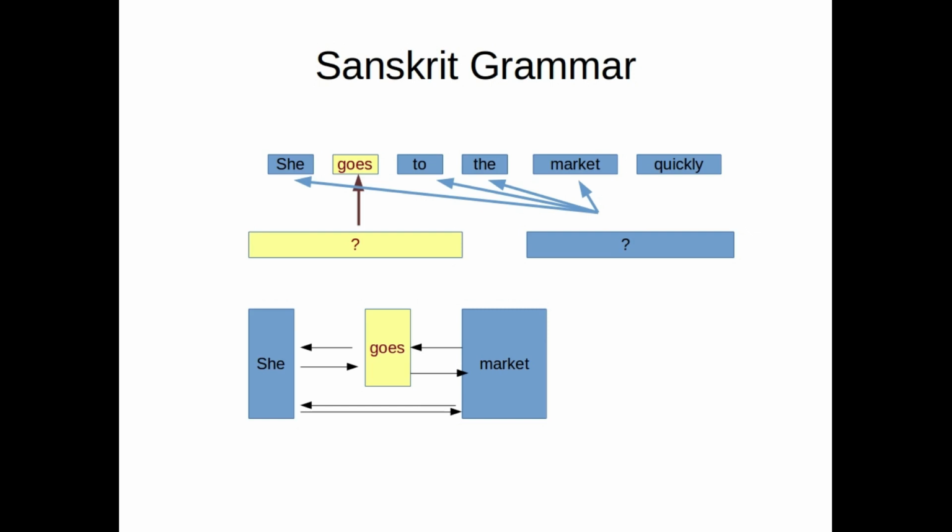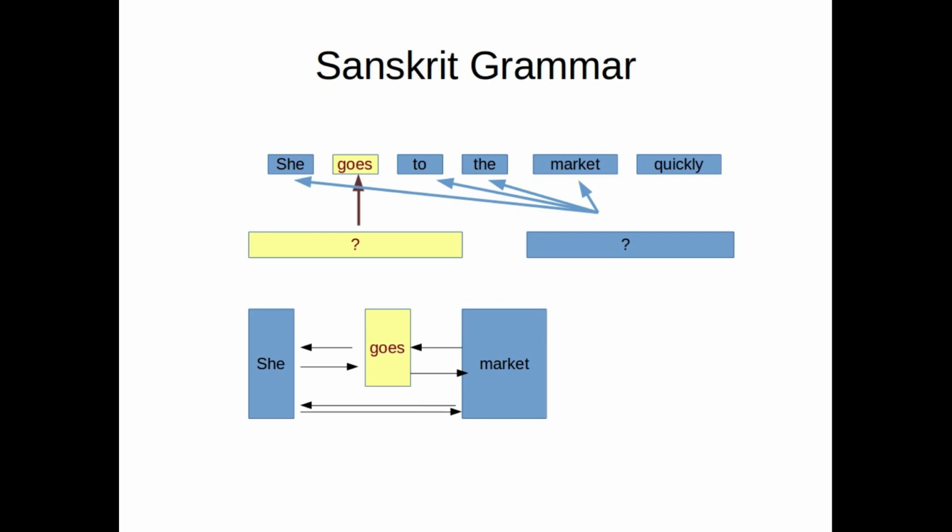Now, coming back to the grammar part. Every sentence is composed of words. There are two types of words. One is verb-like, called tinganta, and another is, let's say, all other non-verb-like words, called subanta pada.